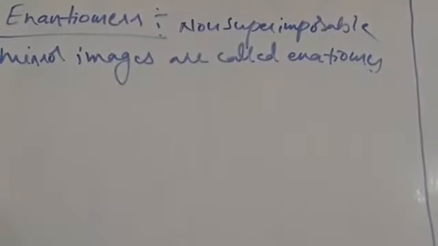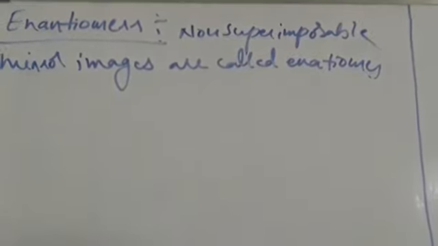For example, lactic acid. Lactic acid exists in two isomeric forms, one is dextro and another one is levo.